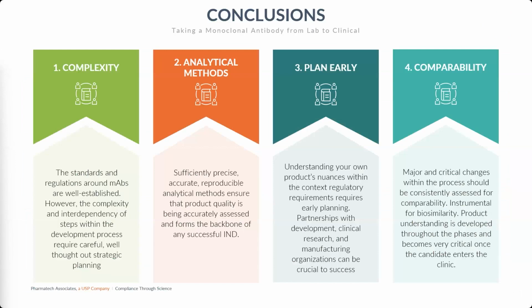Further conclusions, right? When we start talking about moving the monoclonal antibody biosimilar from the lab to the clinic, obviously these are complex products. We have to deal with a very involved process for analytical characterization.